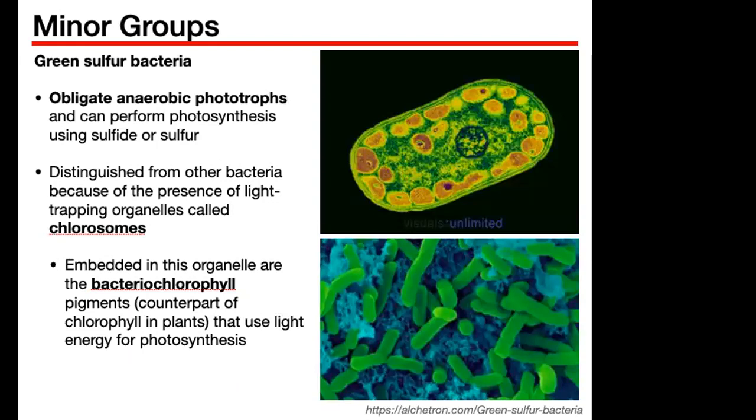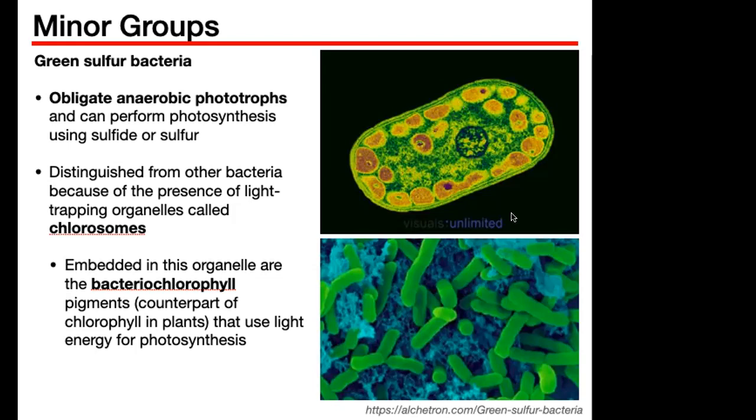So from the name itself, these are organisms that can perform photosynthesis using sulfide or sulfur as their source of nutrients, and they are anaerobic phototrophic organisms. So they are distinguished from other bacteria because of these light-trapping organelles. These are the chlorosomes, the ones in yellow in the picture.